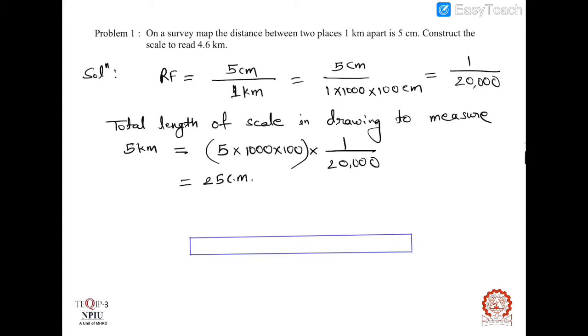We have to measure 4.6 kilometer from this scale. So first of all, divide this 5 kilometer into 5 equal parts. So for that, what we have to do, just draw an inclined line with any angle. It is good to keep this angle between 20 degree to 70 degree. Okay, any angle you can choose.